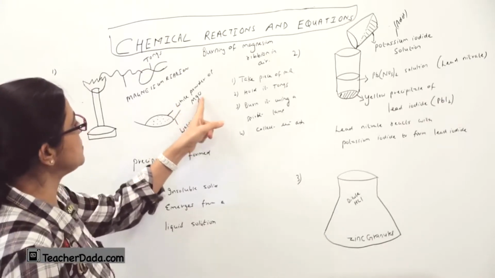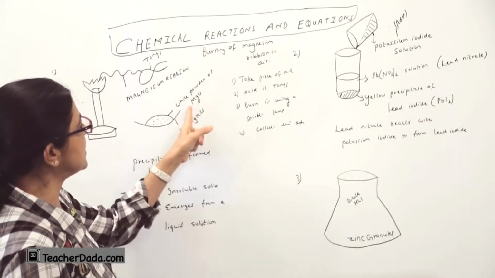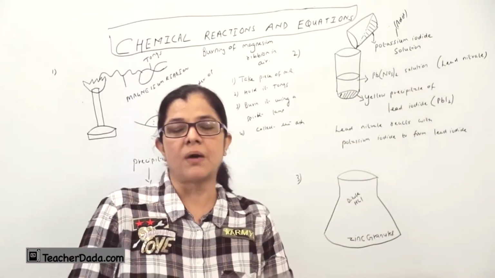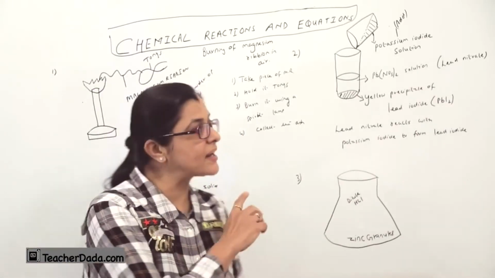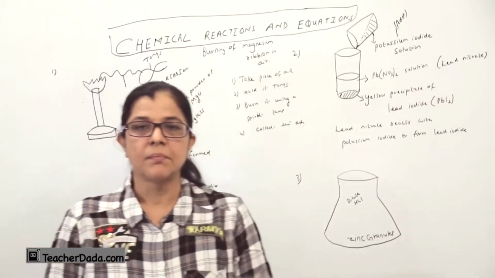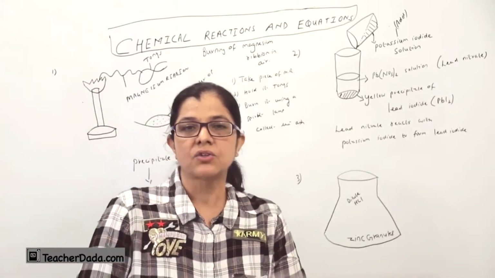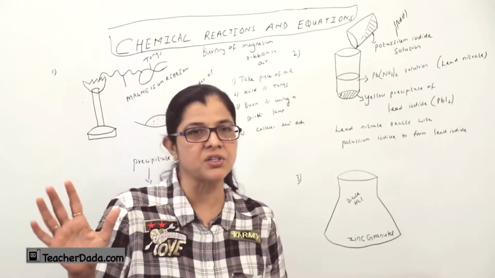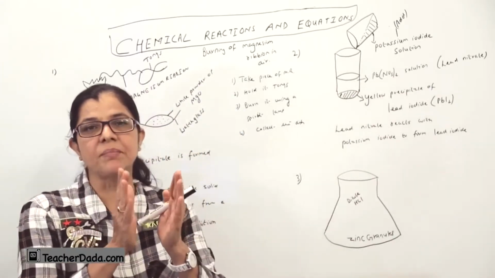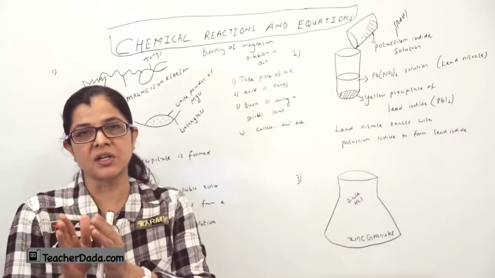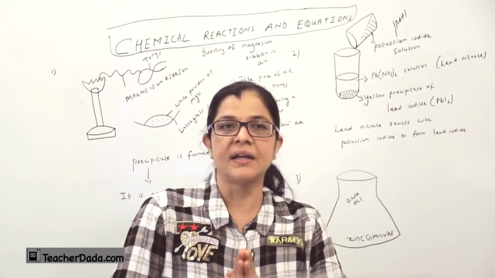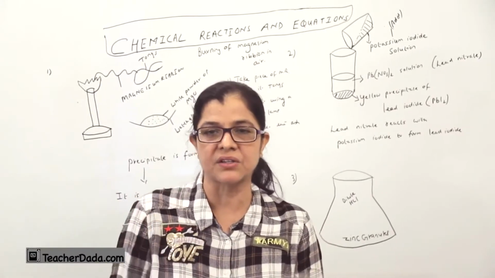You can see I have written here MgO. This white substance is formed in this watch glass, right? It is formed due to the reaction between magnesium and oxygen present in the air. So what do we conclude? That when magnesium burns in the presence of oxygen, an oxide is formed, called magnesium oxide, and this process is called a chemical reaction.